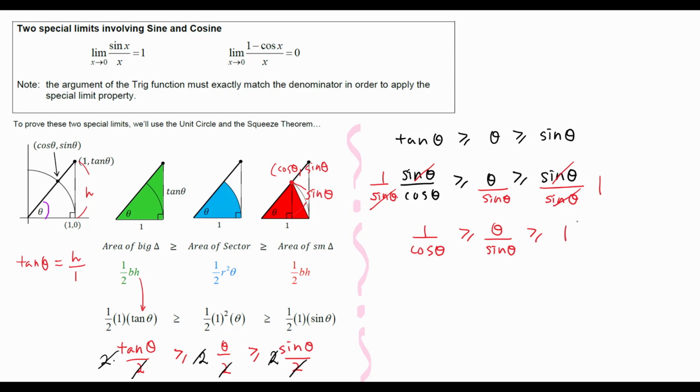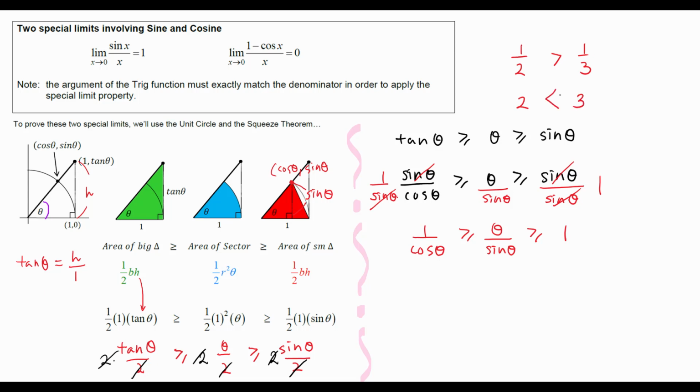The limit of the function that we want to find out is sine theta over theta, so now we need to flip over and change the inequality. Note that 1/2 is greater than 1/3, obviously, right? But when we take the reciprocal, 3 is bigger now.